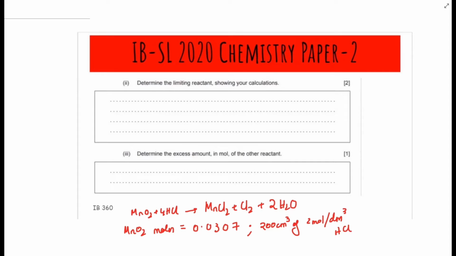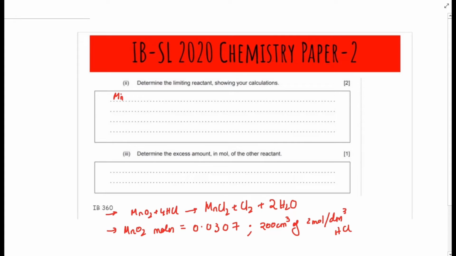Now, moving on to the next part, we need to find out the limiting reactant for this question. I've already mentioned the reaction and the given information. We calculated the moles of MnO2 in the previous part. So, to calculate the limiting reactant, we need to know the moles of each of the components.